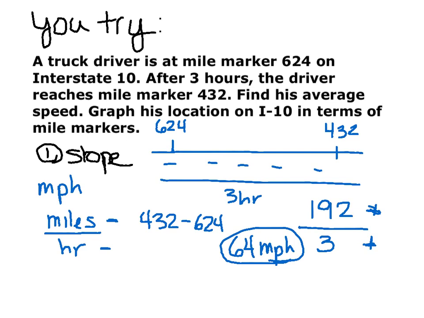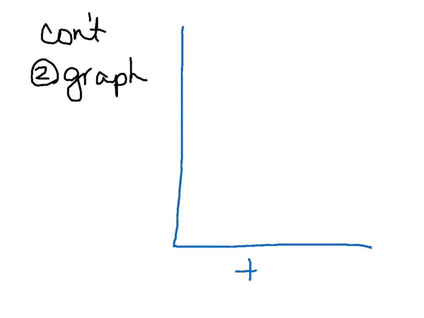Okay, graph his location on I-10 in terms of mile mark. So I'm going to do an X and a Y axis. Time and distance. Actually it'll be easiest if we do sort of the slope.